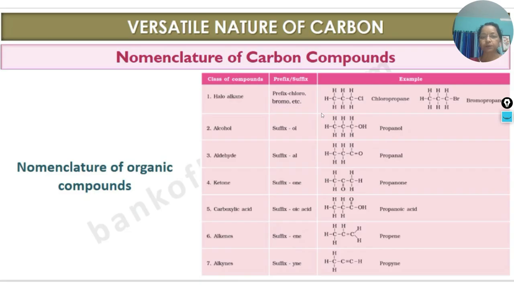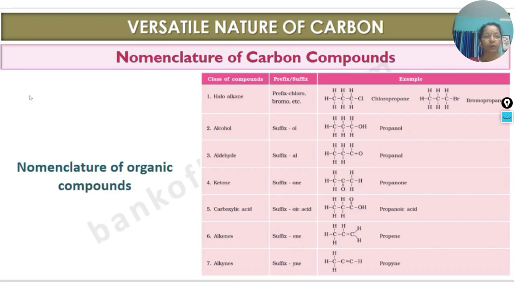For example, here is a compound with 3 carbons. The first step to name a compound is to count the number of carbons present. It is 3. So 3 stands for prop.